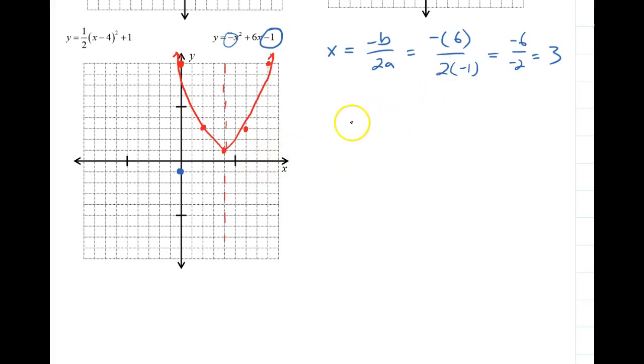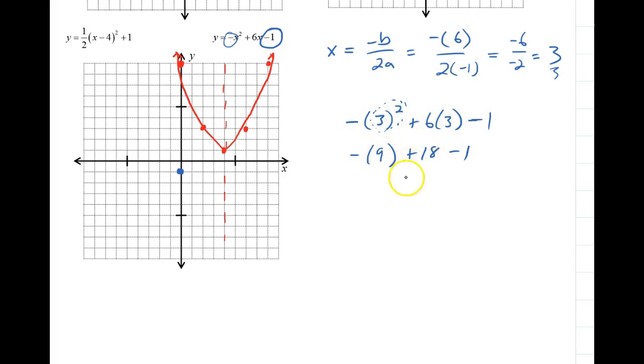If you did the work right, when you take that 3 and plug it in to get your y value or your output, so this 3 squared becomes 9. This will always be half of this if you're plugging in the x value of the vertex.